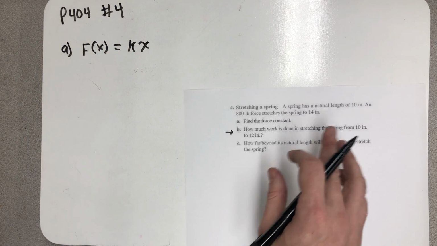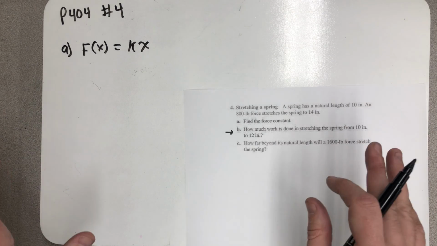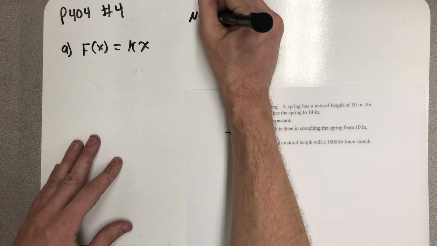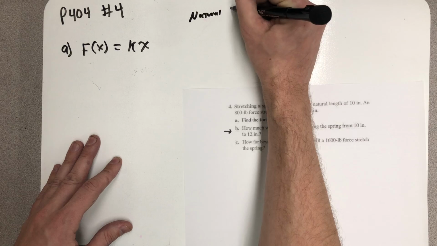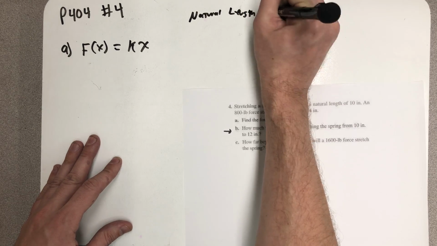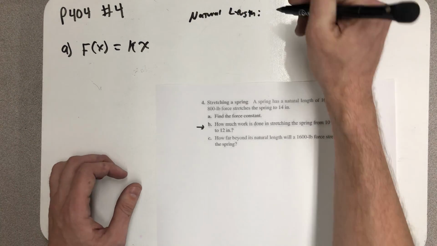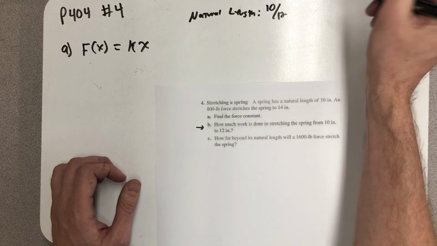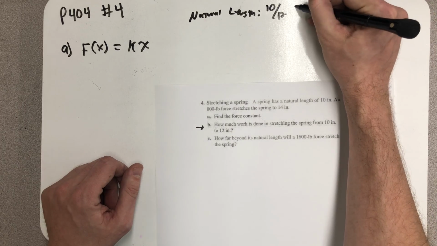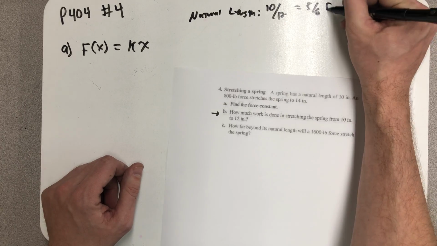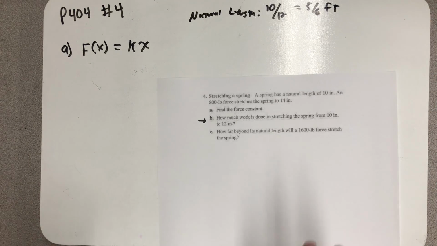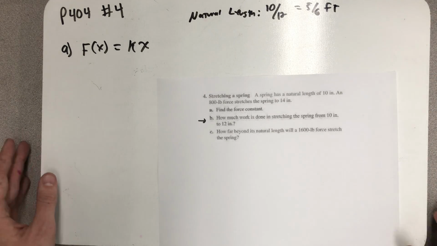So I have a spring whose natural length is 10 inches. Well, 10 inches is 10 out of 12 if I convert it to feet, so I get 5/6 of a foot as that natural length, so that's what I'll be using there.